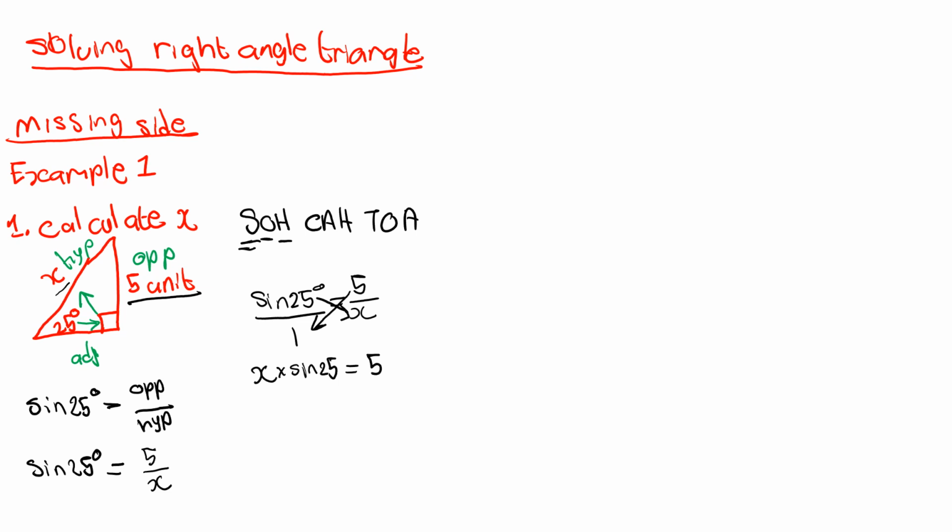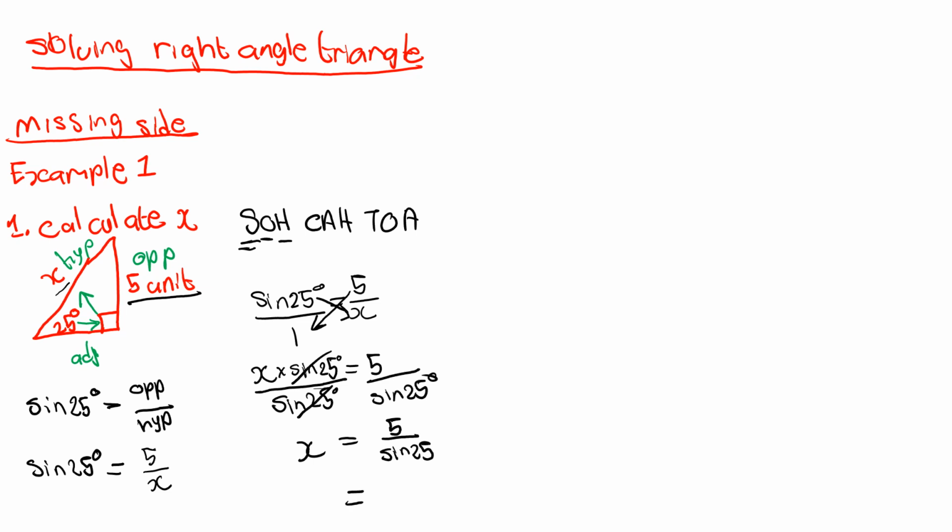So because they are stuck to one another, you must divide both sides by sine 25. Your sine 25 degrees will cancel sine 25 degrees, then your x will be 5 over sine 25.